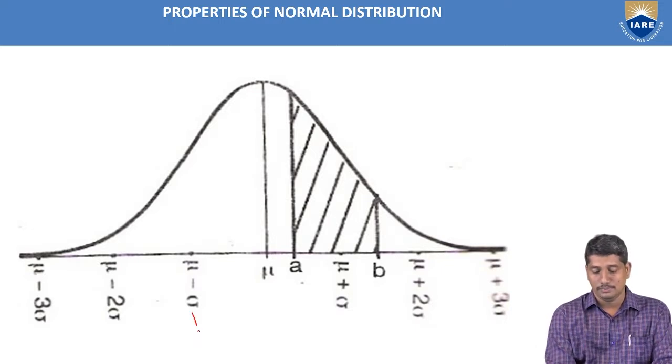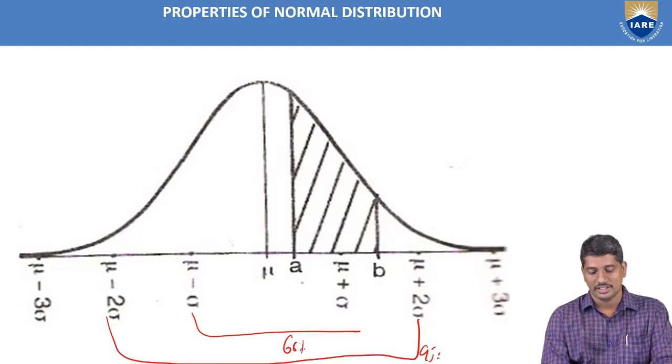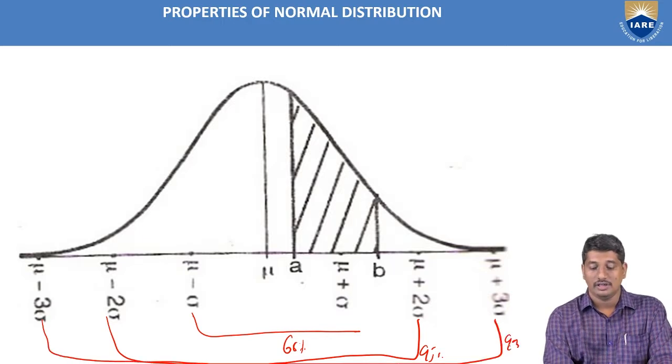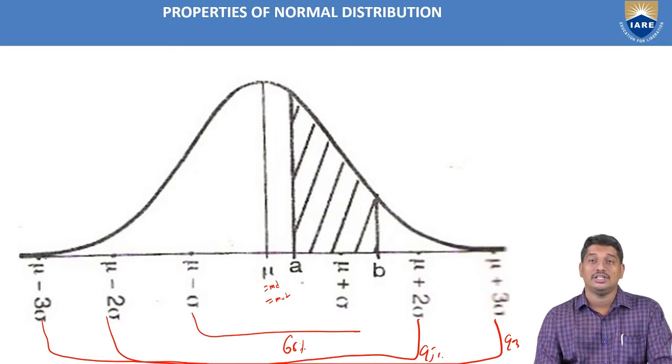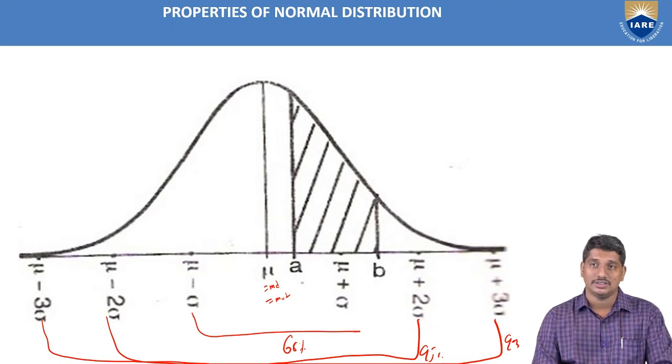And these boundaries will cover 68%. These boundaries will cover 95% of area, and these boundaries will cover 99%. And always for a normal distribution, mean is equal to median is equal to mode. Also, we have seen that this is asymptotic. It seems to touch the x-axis, but it never touches the x-axis.